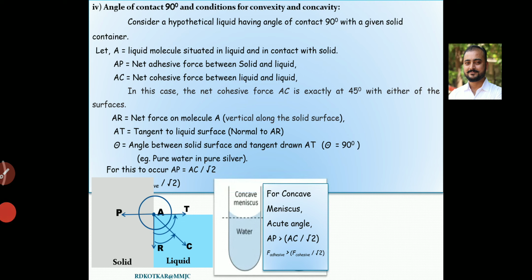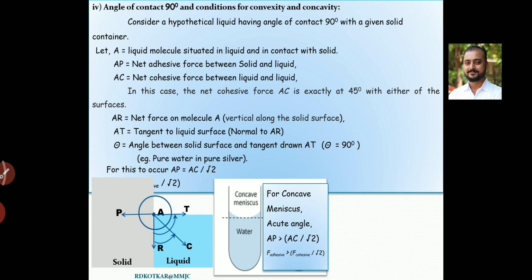The first condition is for concavity. What is the concavity here? That is simple, the condition for formation of a concave meniscus. How does the concave meniscus form here? In the figure you observe there, a concave meniscus is formed due to the water poured in a liquid.